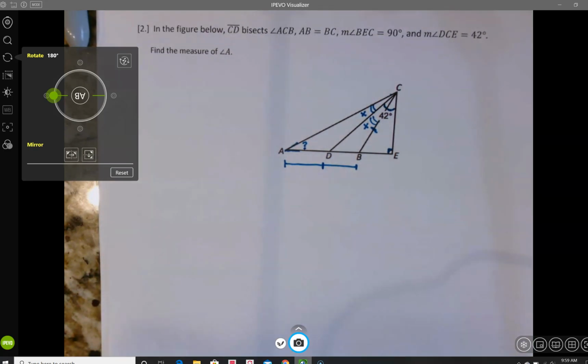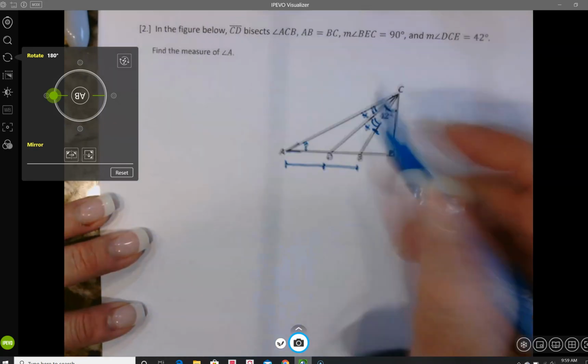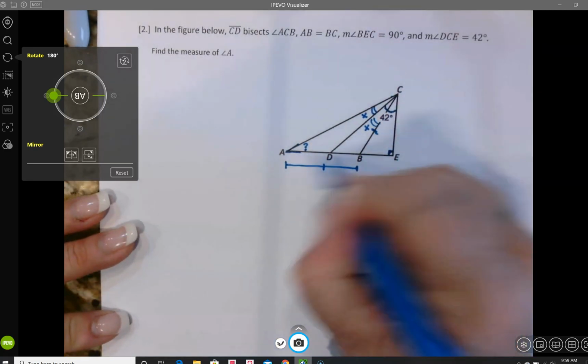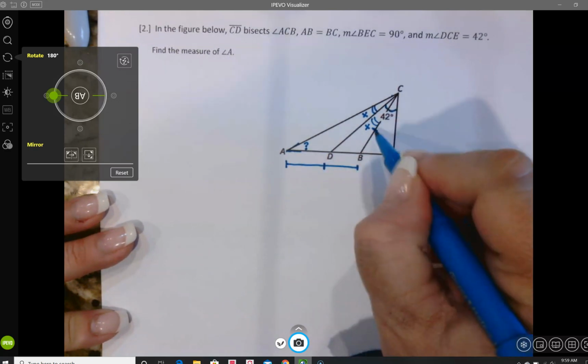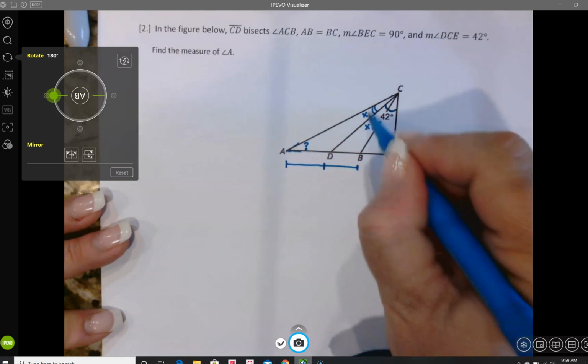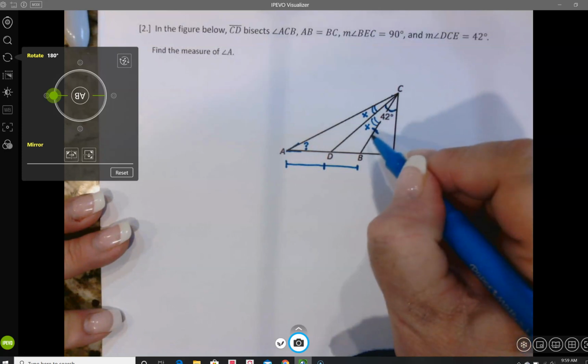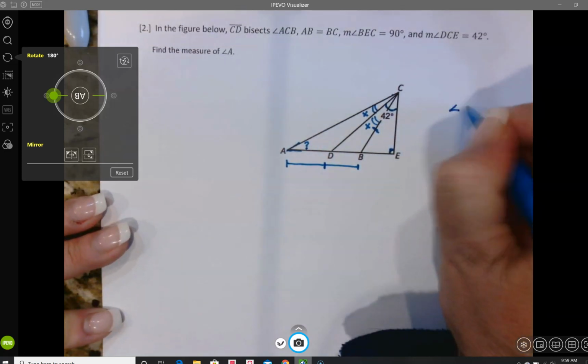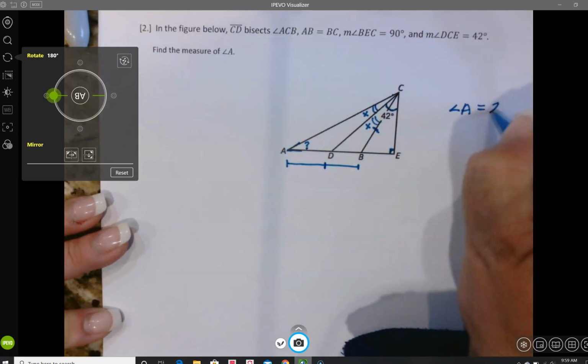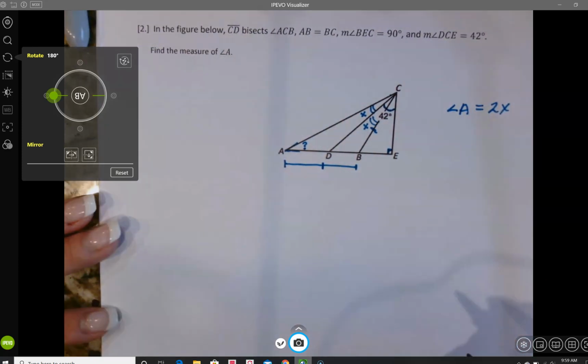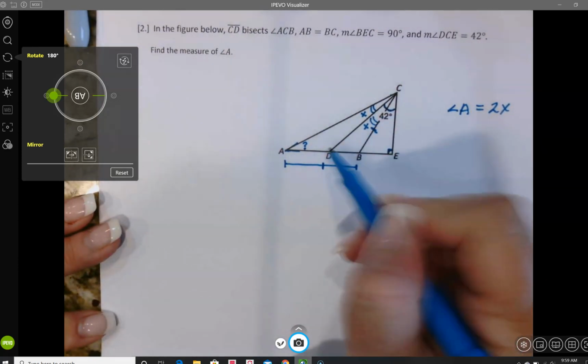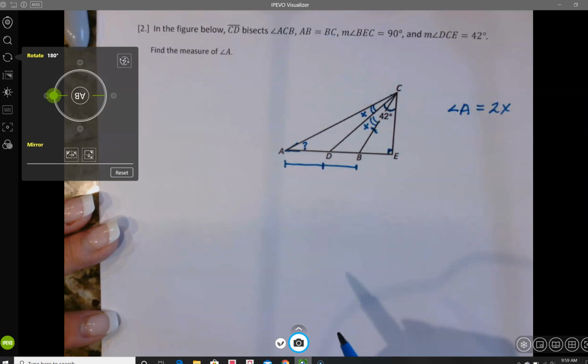The other key that they mention is that since ABC is isosceles, this whole base angle here is made out of 2x. So angle A must also be 2x, because the base angles of an isosceles triangle have to be equivalent.